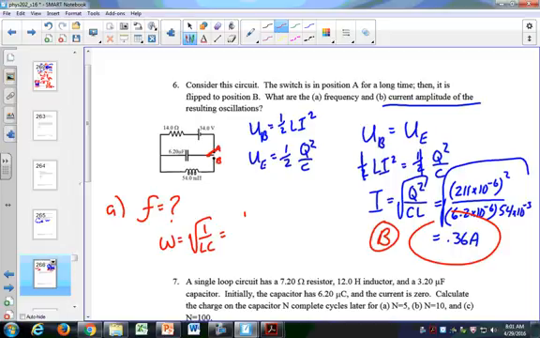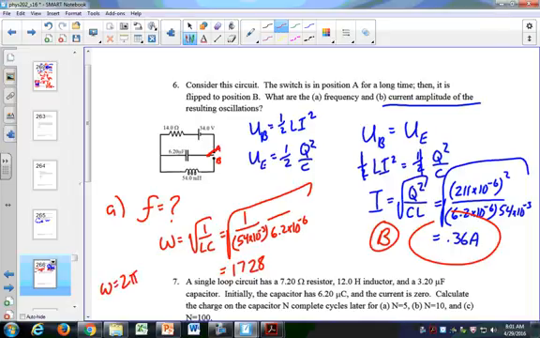That's the square root of 1 over 54 times 10 to the minus 3 times 6.2 times 10 to the minus 6. Square root of that, that is 1728. And then omega is equal to 2 pi f. So f is omega over 2 pi. And that works out to be 275 hertz.